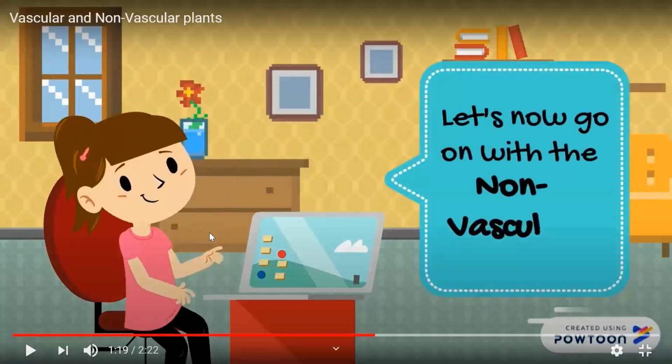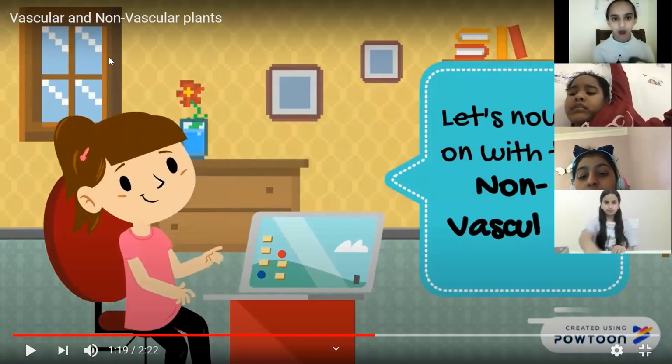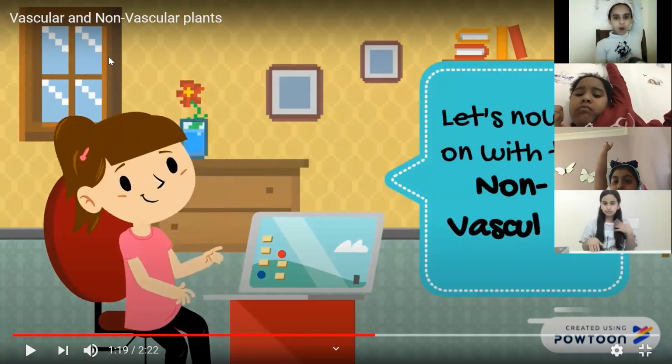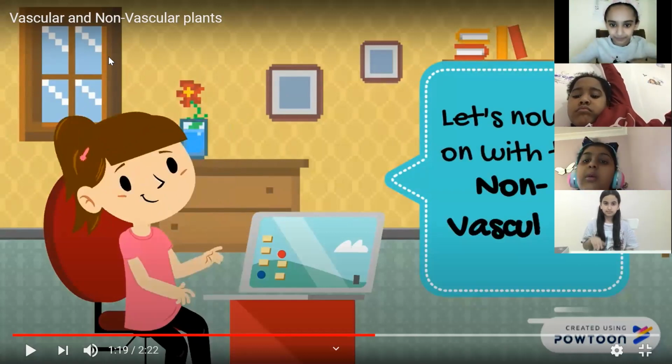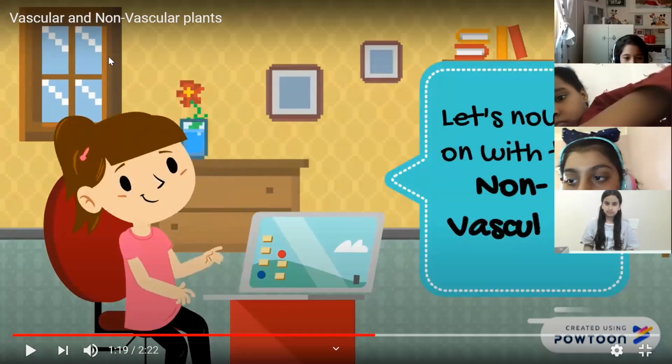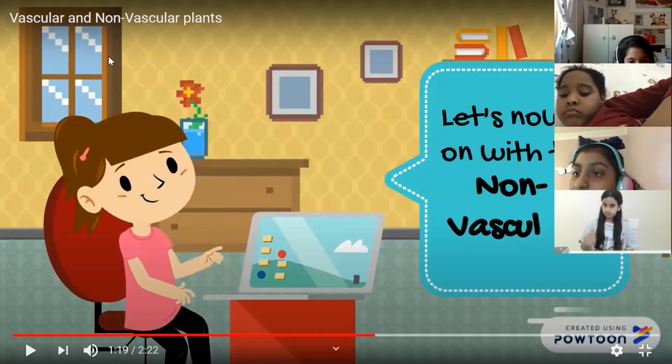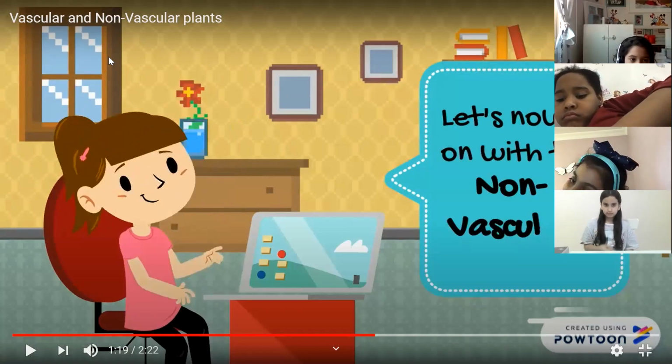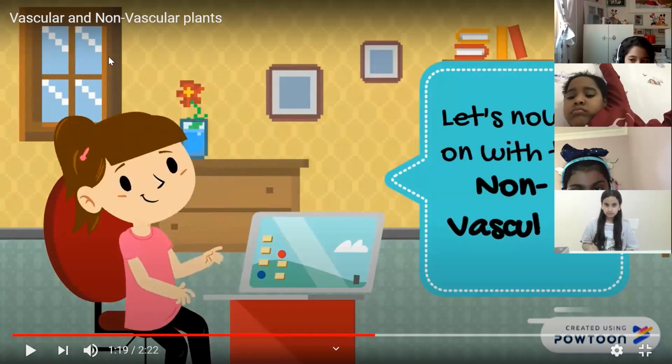If vascular means a tube or like a straw, what do you think non-vascular is? Can you guess? Yes, Lian. I think a non-vascular plant doesn't have any roots. Thank you, Lian, for your try.